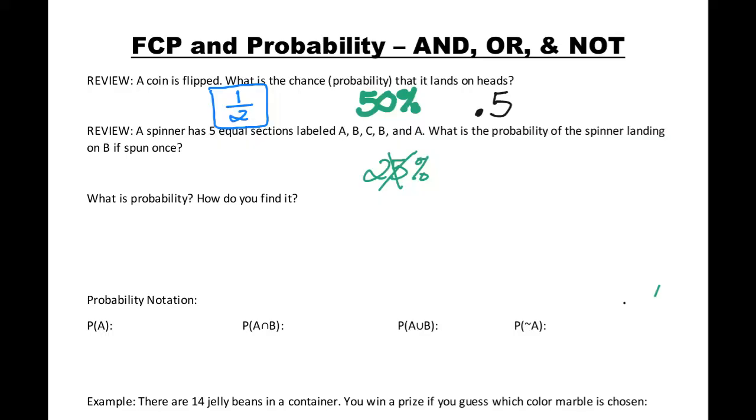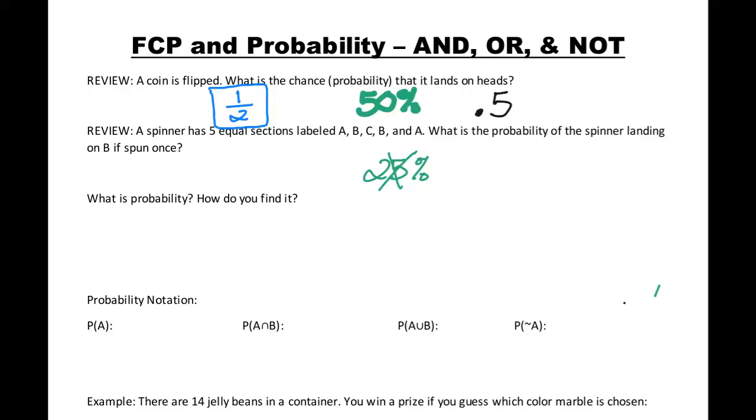So let's talk about it as a fraction. How many total sections do you have? If I have a spinner with A, B, C, B, and A, how many total sections is that? A, B, C, B, A. How many sections?